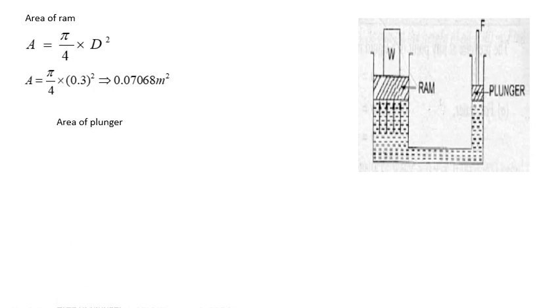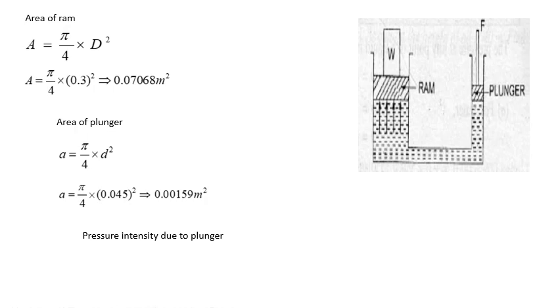In a similar manner, calculate the area of the plunger. The area of the plunger, small a, is equal to once again pi d square by 4. Here small d is the diameter of the plunger, given as 4.5 centimeter, and the total area of the plunger is equal to 0.00159 meter square.